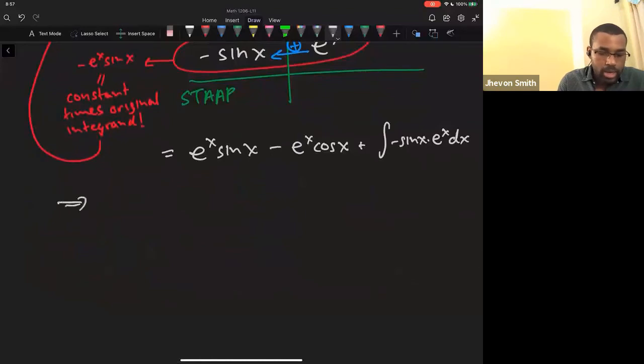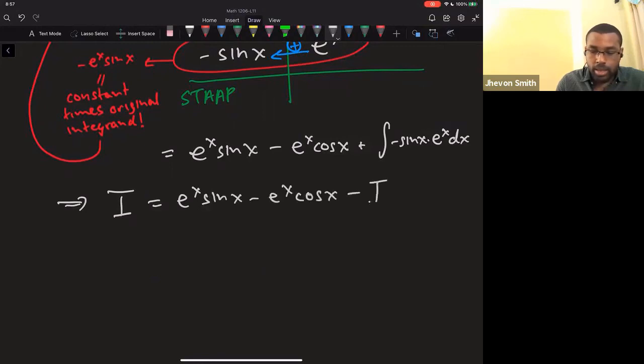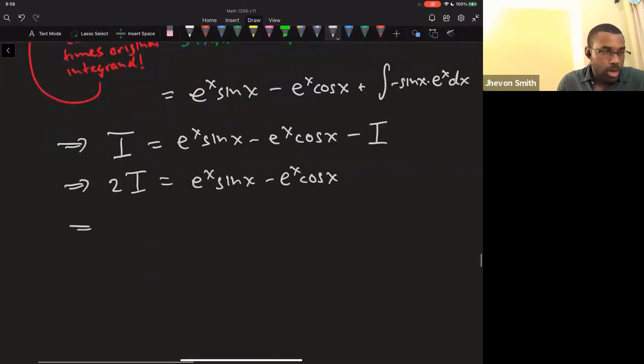So that would mean that my integral is going to be equal to this guy minus the original. So again, I get 2I equals this. And so my I is equal to half of that.